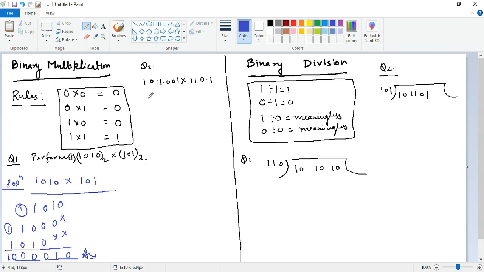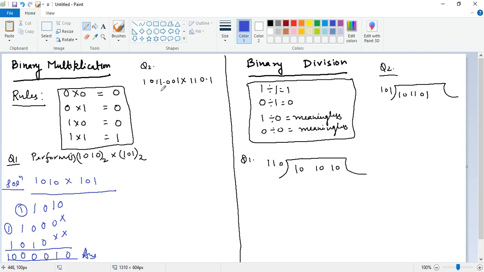Next question: we have to multiply these two numbers. In this question we have considered a binary decimal number, means a decimal point in the binary number.